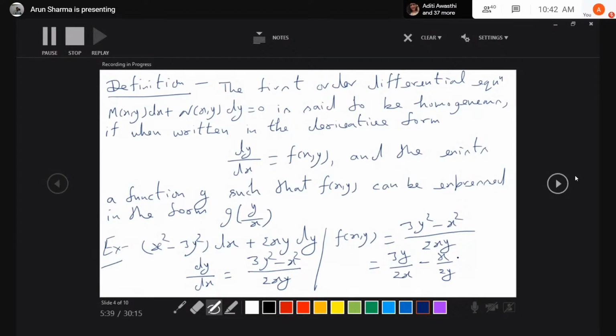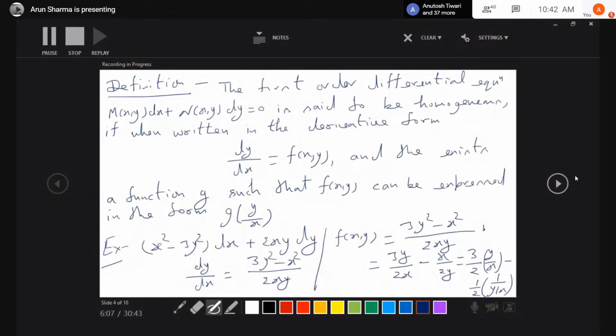So basically this is 3 by 2 y upon x minus 1 by 2 and 1 upon y upon x. Okay, y upon x का another variable ले लेंगे, 1 upon y upon x. So you can see this is a function of y upon x.